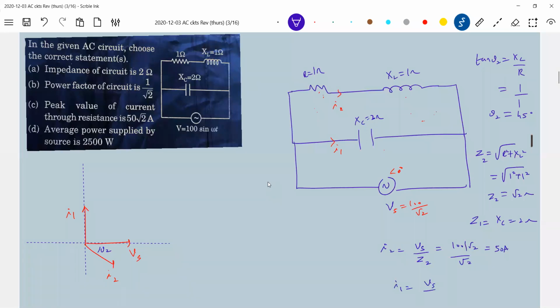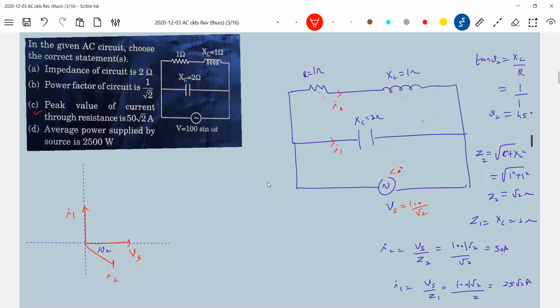Similarly, I1 should be Vs by Z1, that is 100 by root 2 by 2, which is 25 root 2. This is the RMS value. So the peak value of current through the resistor should be 50 by root 2. So I'll pick this option. Okay, we have ended up.